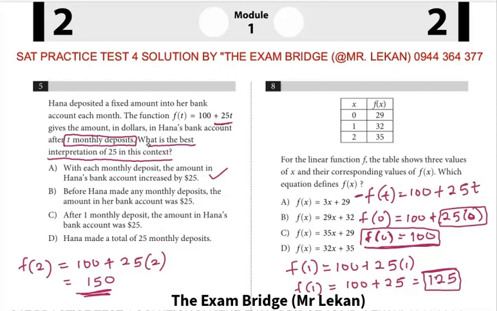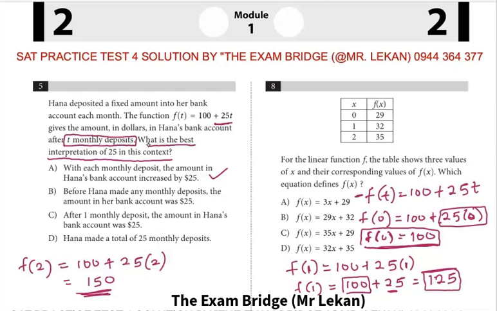The first month, when t is 1, the amount there is 125. This 100 is constant. It is this 25 that is the main determinant. It is the one that is determining the amount of money in that account.